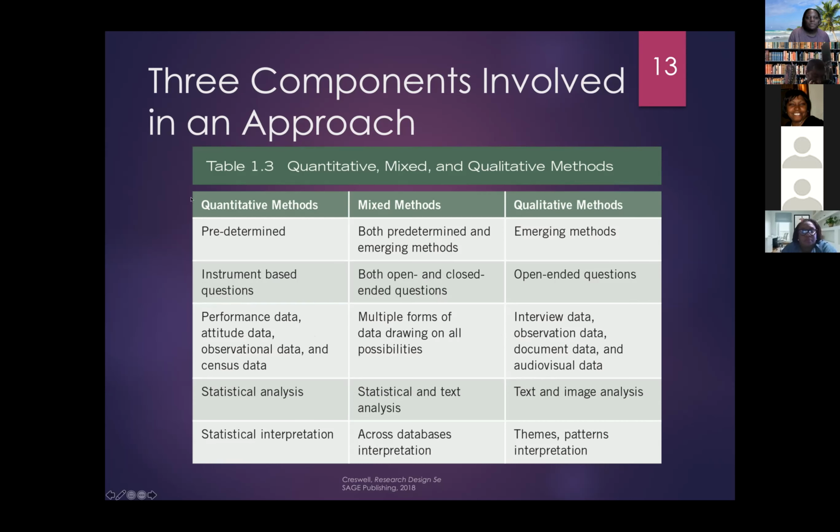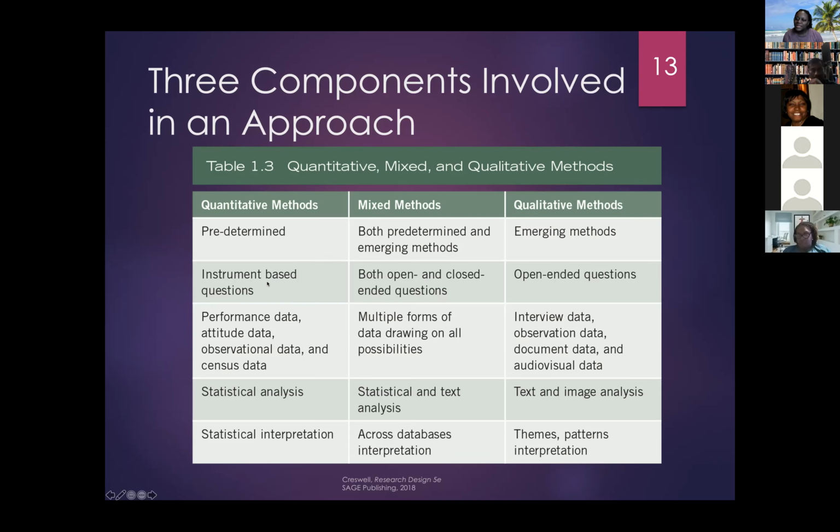And this is important because you can't tell me, oh, I'm gonna do a quantitative approach, and you decide to do survey method, and then you pick a survey that has open-ended questions, and it's like, wait a minute, you said you're doing quantitative approach, so how you gonna do open-ended questions?